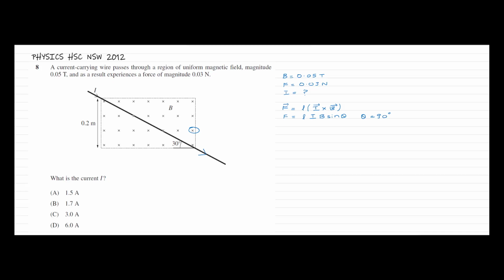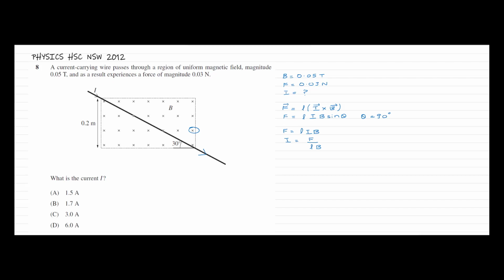So we can write our expression as F is equal to LIB. And now from here we should be able to easily calculate the value of I. So that means I will be equal to F divided by L times B. But wait a minute, is the L given to you in the question?